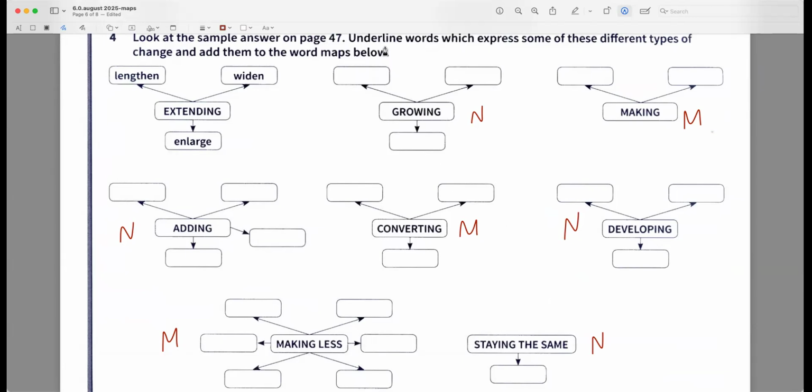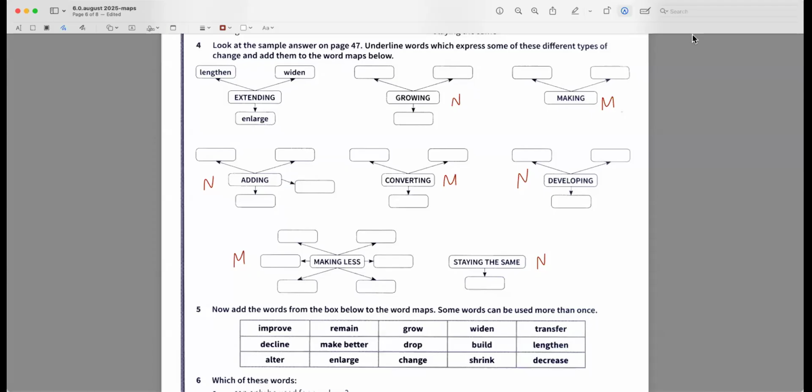Okay, so 5 minutes for you to fill in the mind maps. Okay, now let's do it together. The second one we have is growing. Okay, Ngọc, what verb do you find for growing?